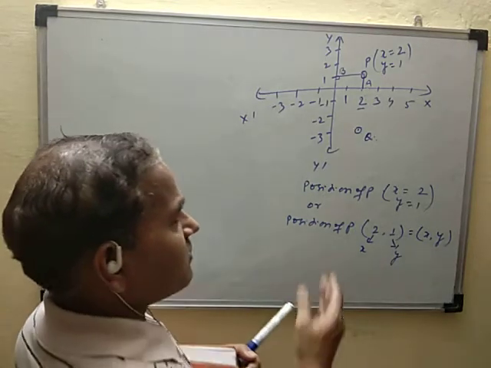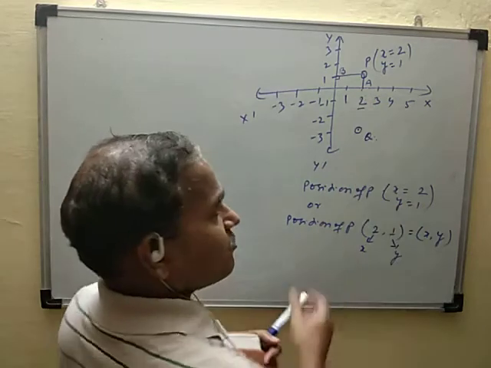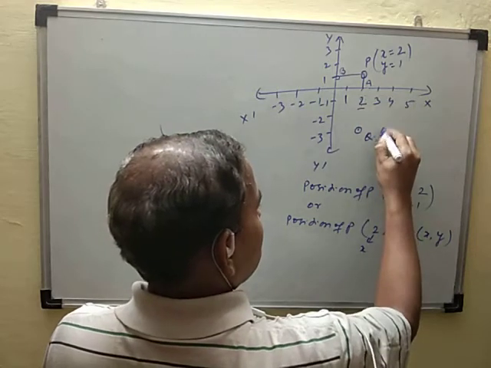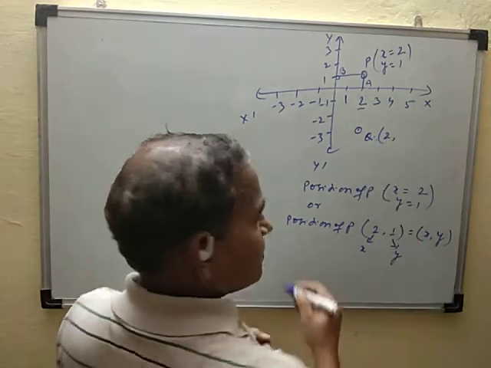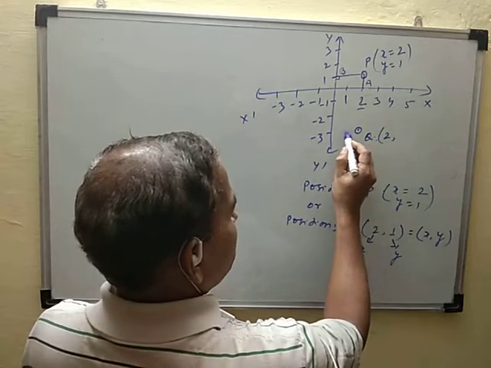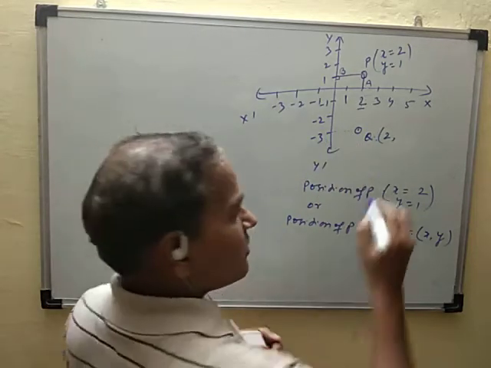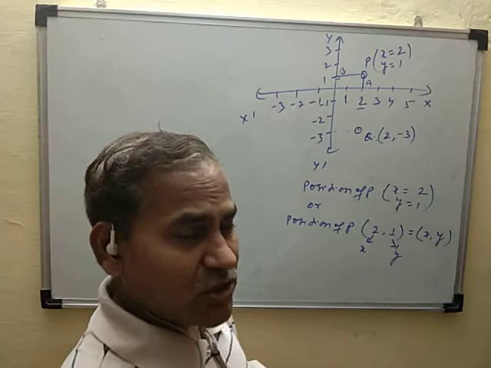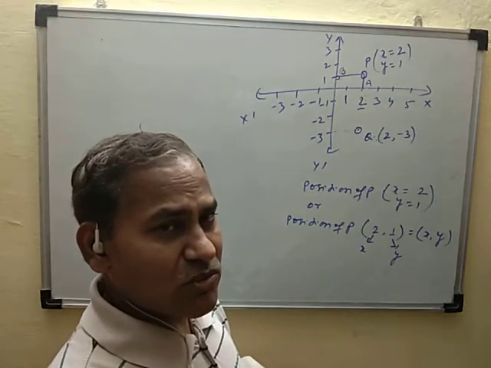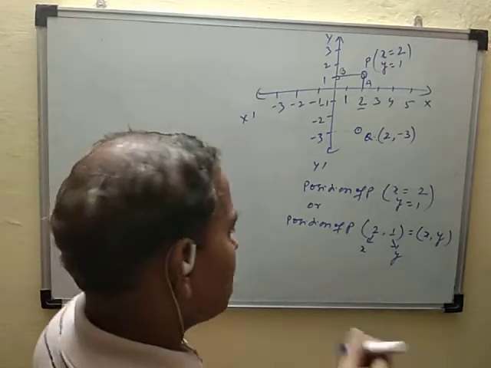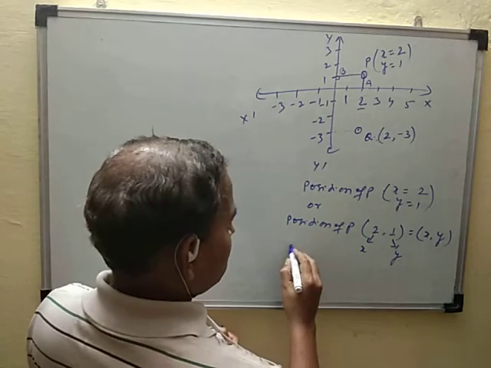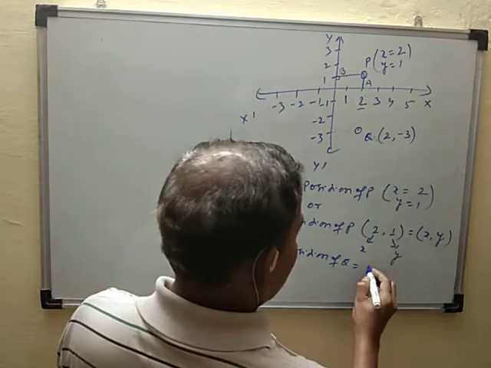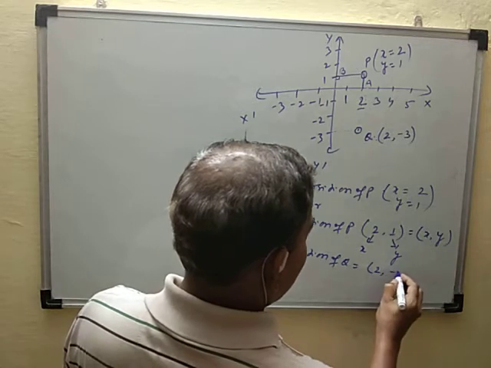So check that. Check which point is vertically on the x-axis: it is 2. So first write the value of x. On y, check the value just opposite, which is -3. So the value of y is -3. So the coordinate of Q is (2, -3), that is the position of Q. Position of Q is equal to (2, -3).